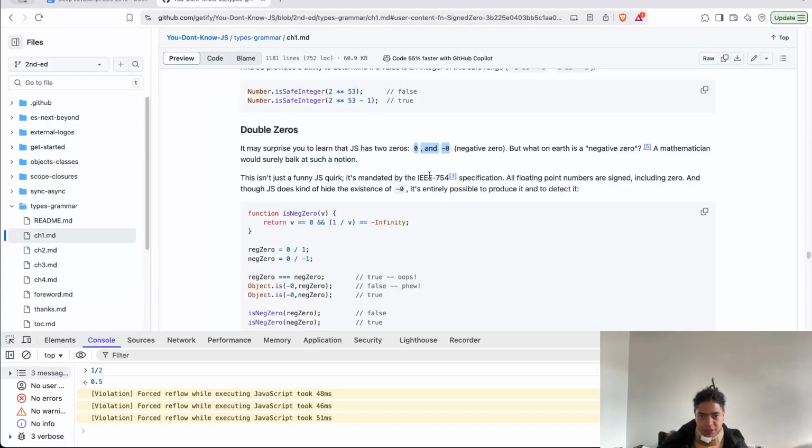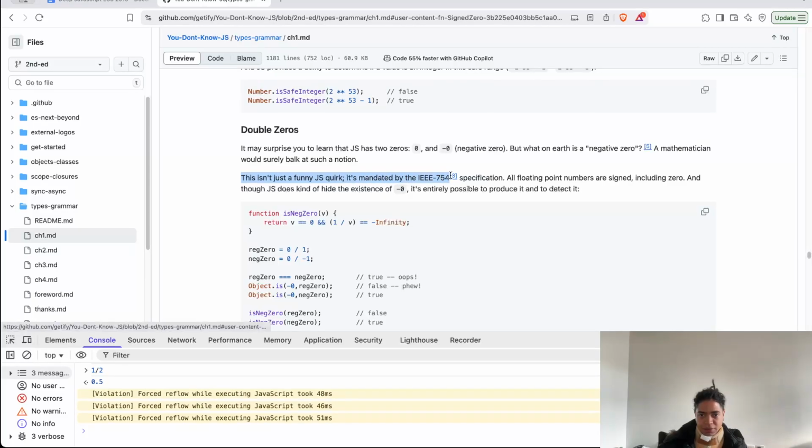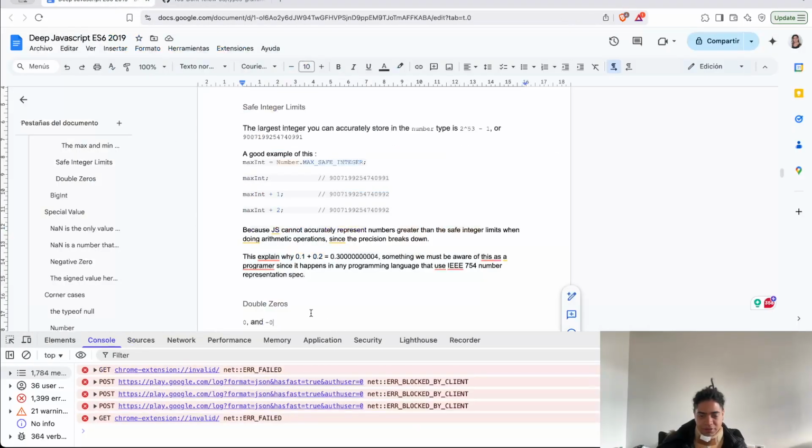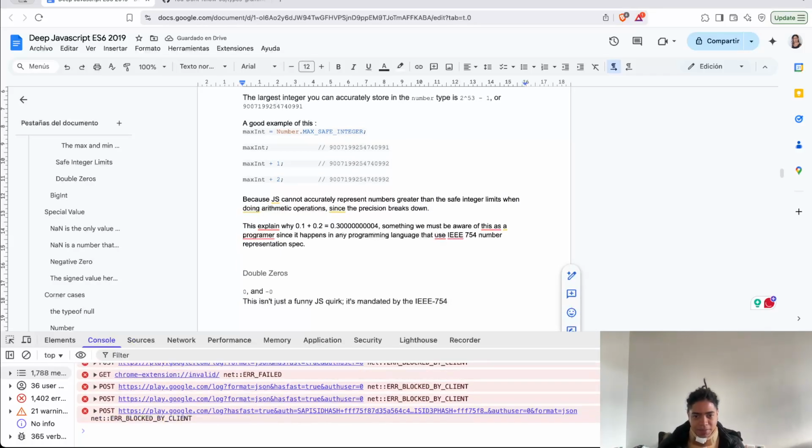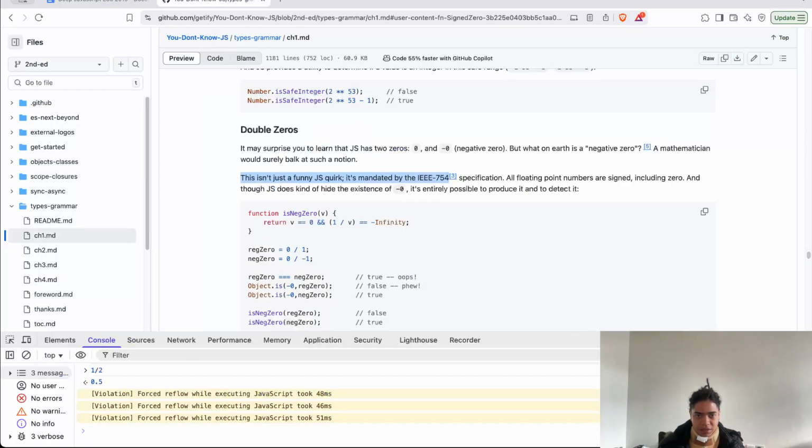This is something that is mandated by the IEEE 754. All floating point numbers are signed, including 0.